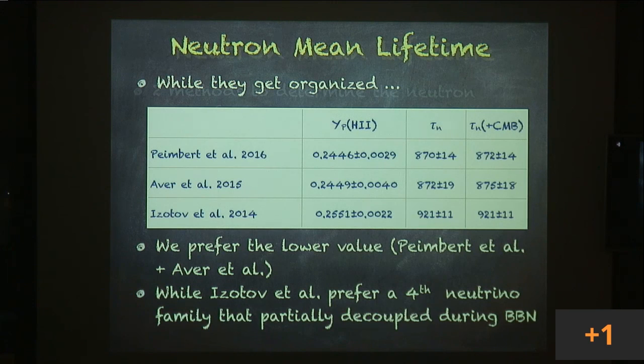So from this, I would say we prefer the lower value. This is us, as well as the group of Aver. We're consistent with both the high and low value, but we prefer the lower value. While Izotov would rather not talk about the neutron mean lifetime, they prefer a 4th neutrino family that was partially decoupled during Big Bang nucleosynthesis.